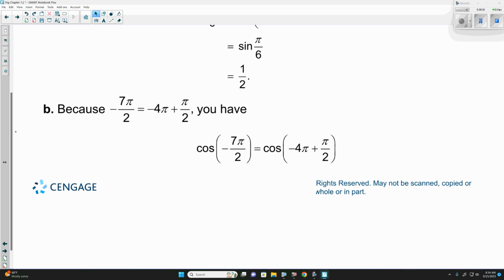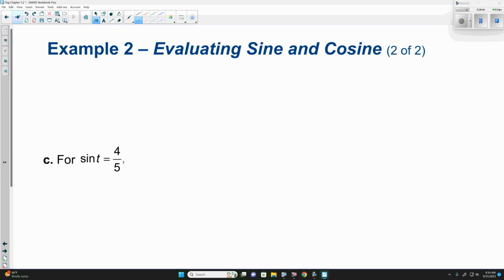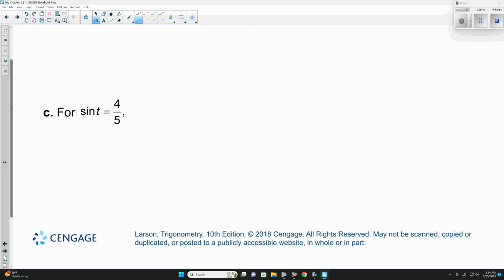And we actually get the same thing here, so it's just really taking cosine of pi over 2, which is 0. Cosine of pi over 2 is straight up and down, so it would be 0. Questions on any of this here?